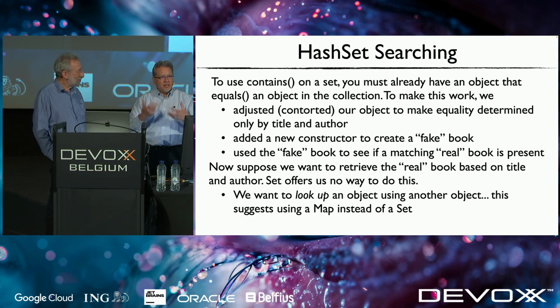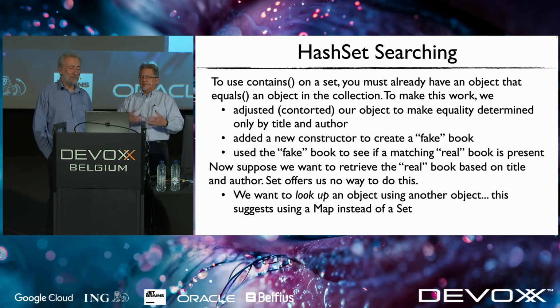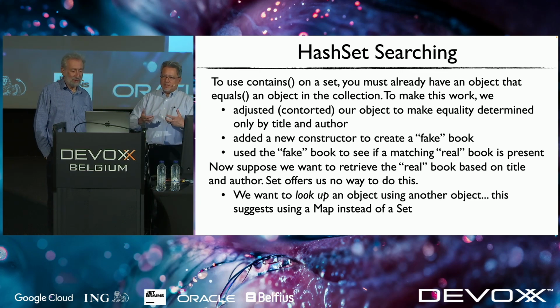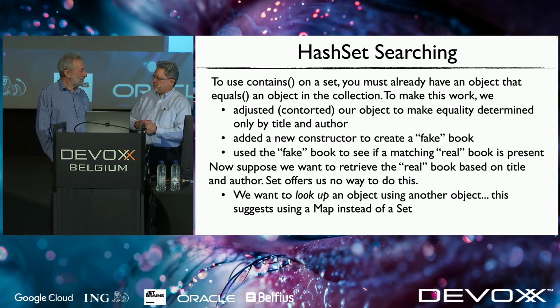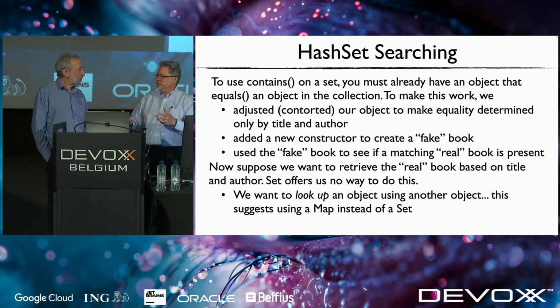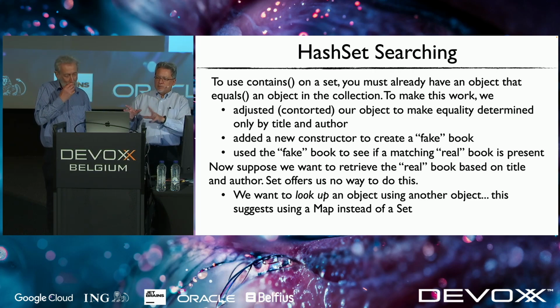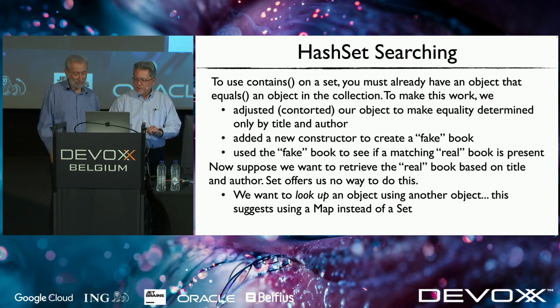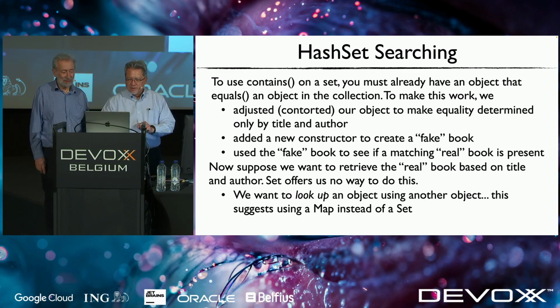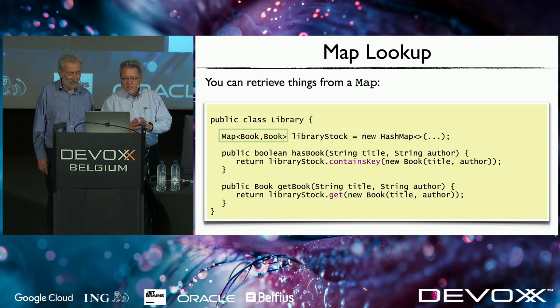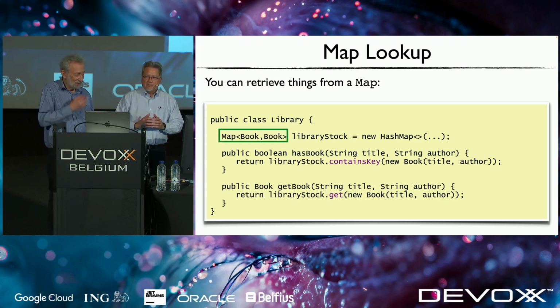But I want to look it up by title and author, and so I can't have a map with two keys. So that's where the fake object comes from. I can't use a map, so I have to use this fake object approach, right? That's why people get trapped in this kind of thinking. But our claim is you can use a map, and in fact, you should.